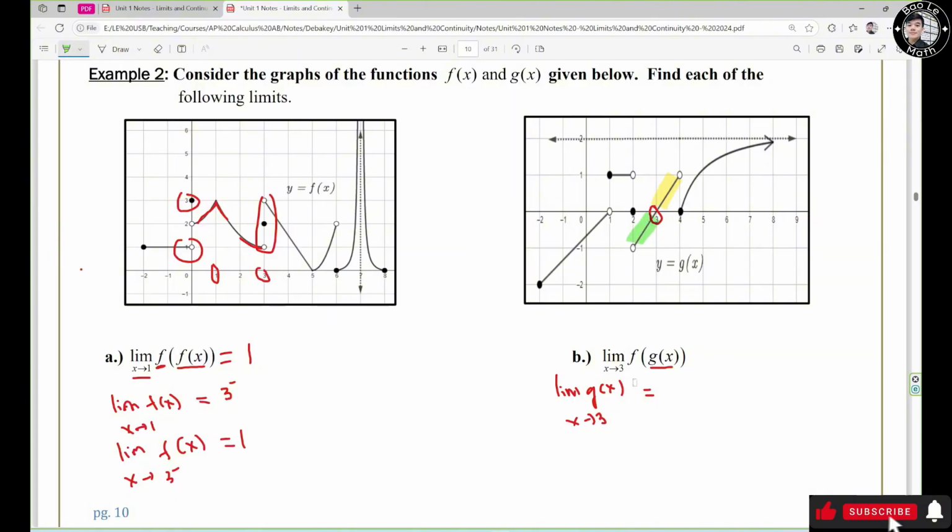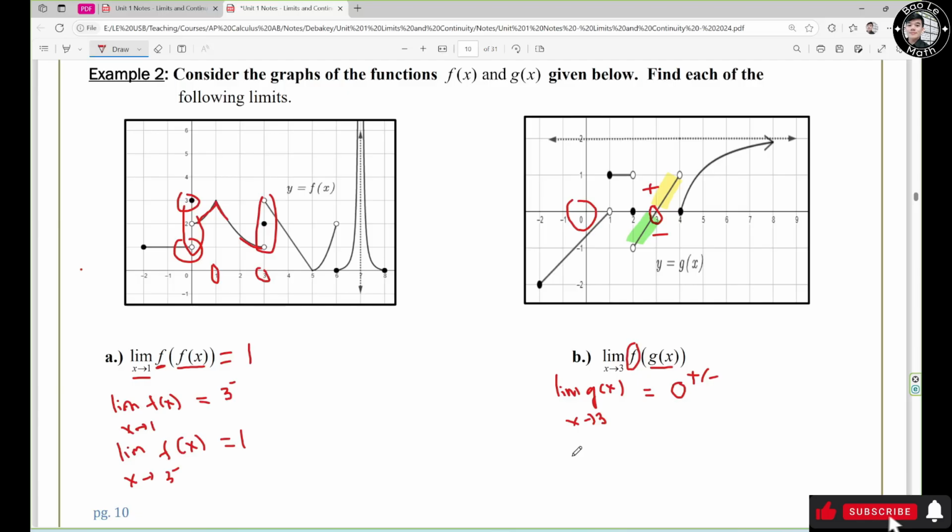So the function approaches 0 plus and 0 minus. This one is 0 plus, this one is 0 minus, so 0 right here. Now we're going to check the outer function f of s when s approaches 0. So we look at this one, it's going to be undefined.